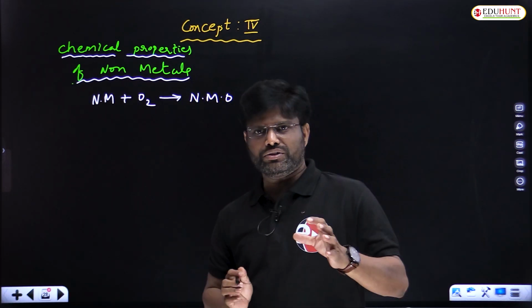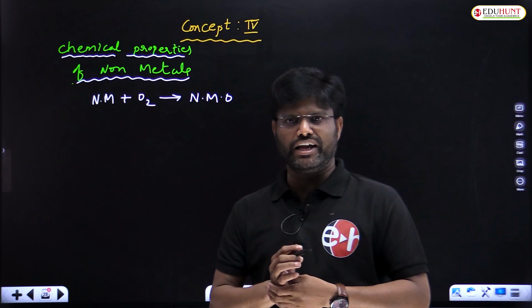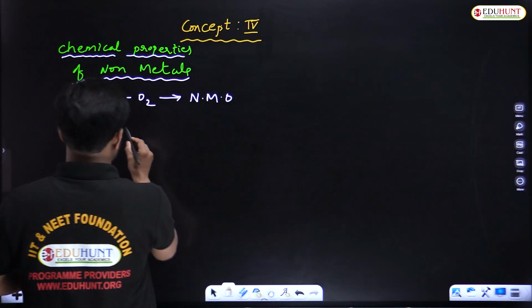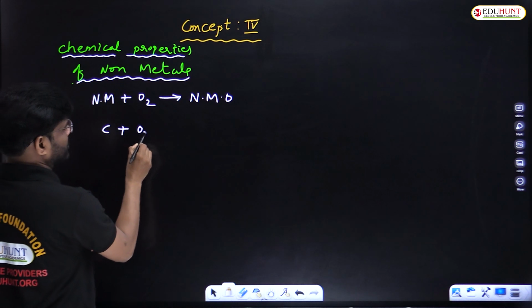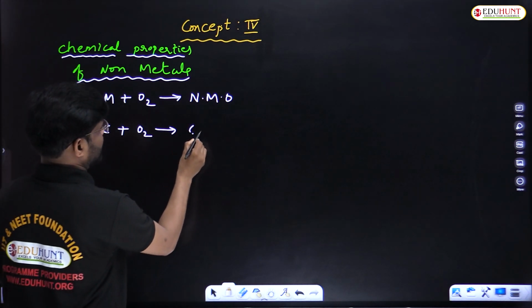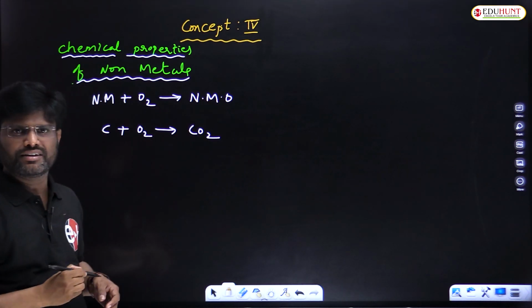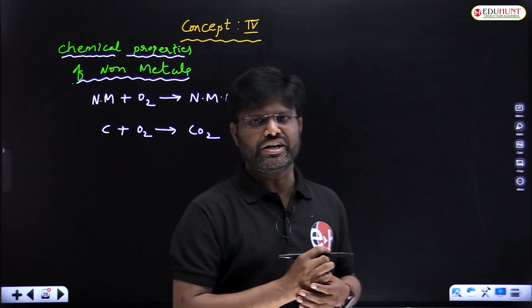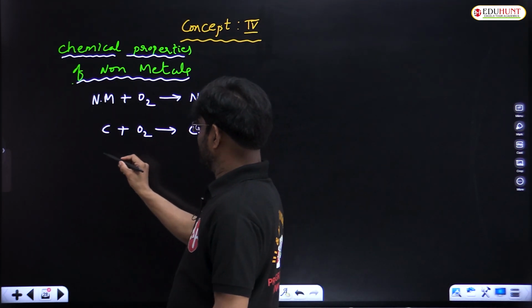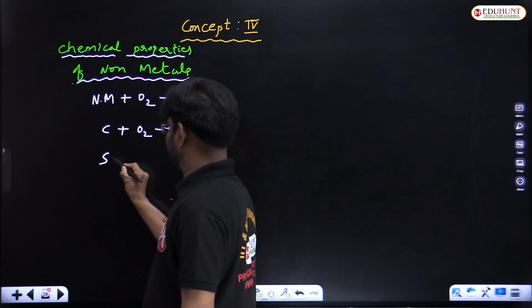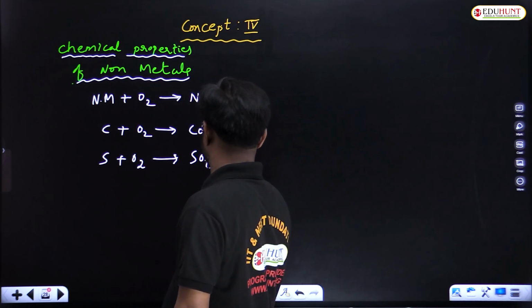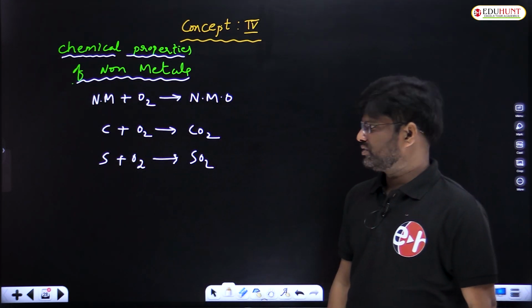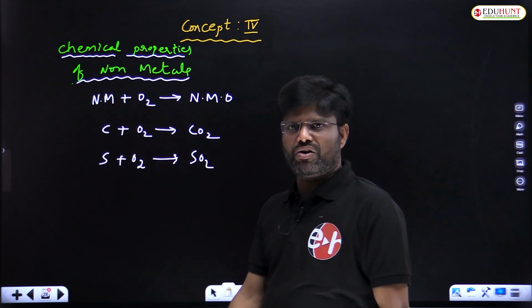According to the elements, for non-metal oxides, I am taking carbon, which reacts with oxygen and produces carbon dioxide. Carbon is a non-metal. If you take sulfur, sulfur reacts with oxygen and produces sulfur dioxide. So these two are the non-metal oxides.